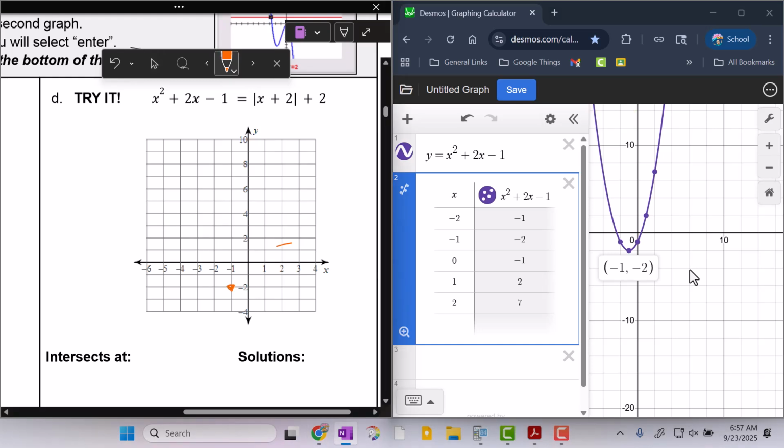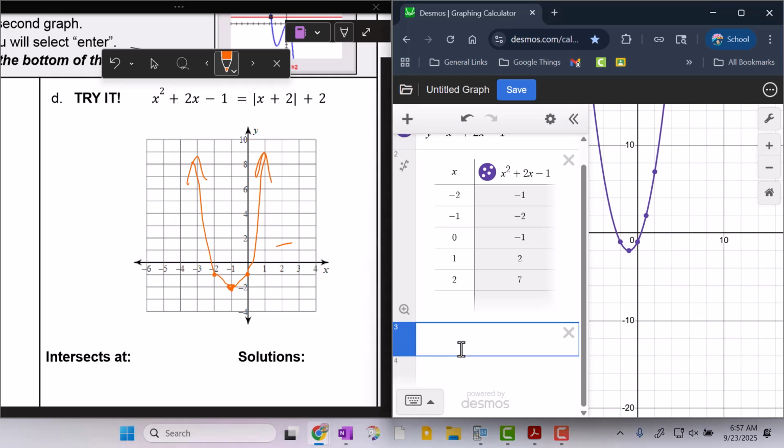We have other points at 0, -1, and -2, -1. So it's opening up. It looks like this, give or take. Then we put in our other equation, absolute value of x plus 2, close the parentheses, plus 2 again. And this should be y equals. Doesn't really make a difference.